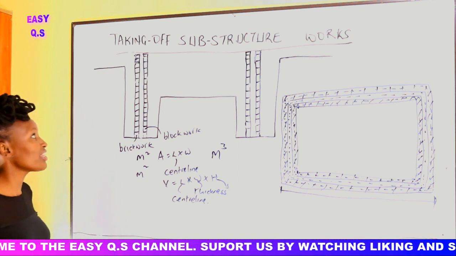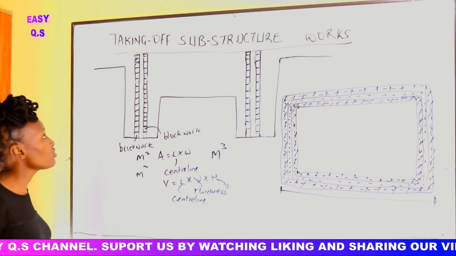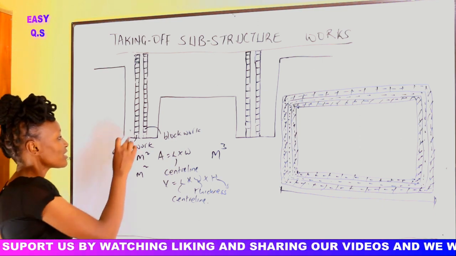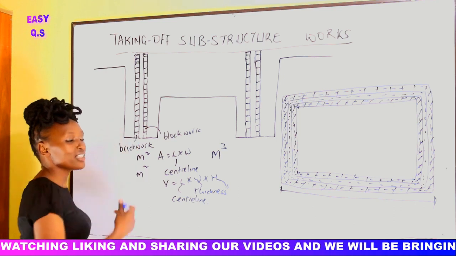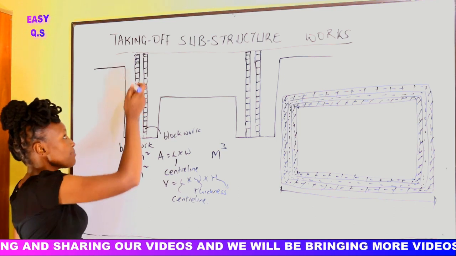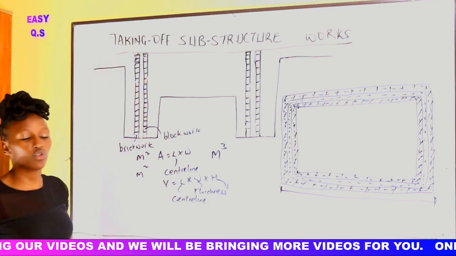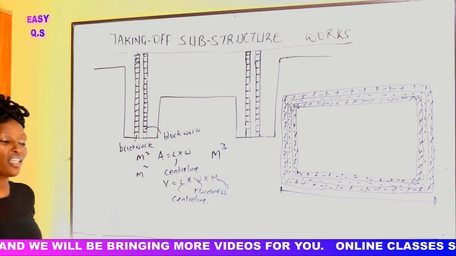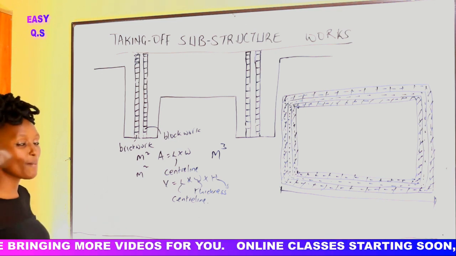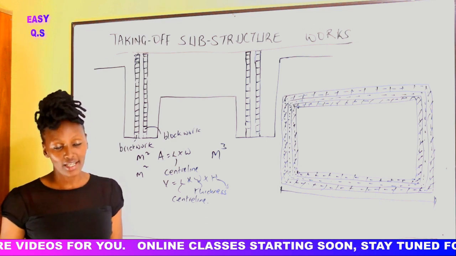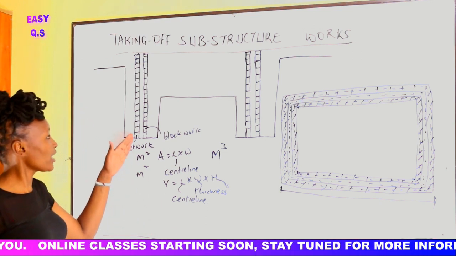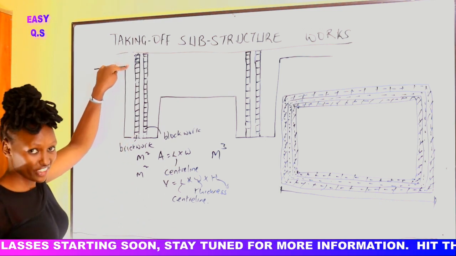So how we measure that is in meters squared. So what we shall do, we shall take the center line of the brickwork, just like we had taken it, then we shall multiply by the height, because we should measure for the adjustment of the facing bricks in terms of meters squared. So we shall take the center line of the brickwork times the height that we need to adjust.